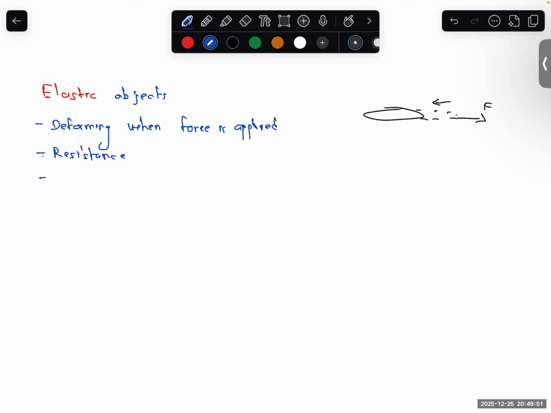Once the force is released, it will return to the original shape. So this is what you call elastic objects. Now, some will deform, but will not show any resistance or will not come to the original shape.